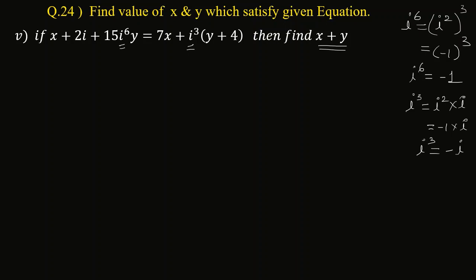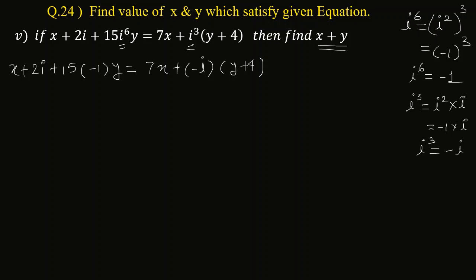With this replacement we will get x plus 2i plus 15 multiplied by i raised to 6 का वैल्यू as minus 1 into y is equal to 7x plus i cube का वैल्यू is minus i multiplied by y plus 4. So we replace i raised to 6 and i raised to 3 by their respective values.